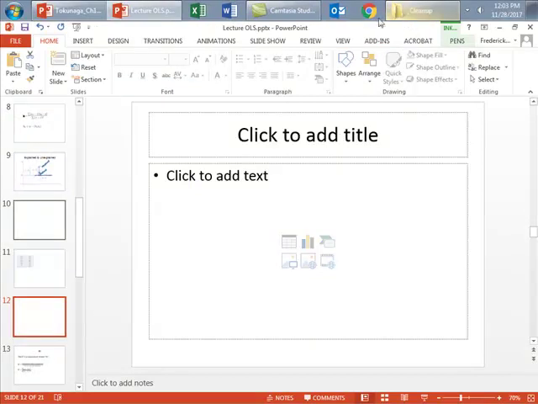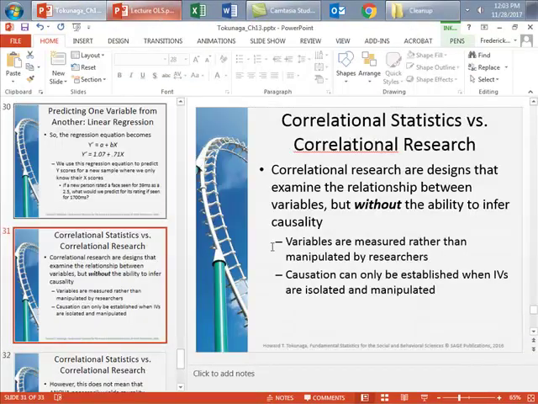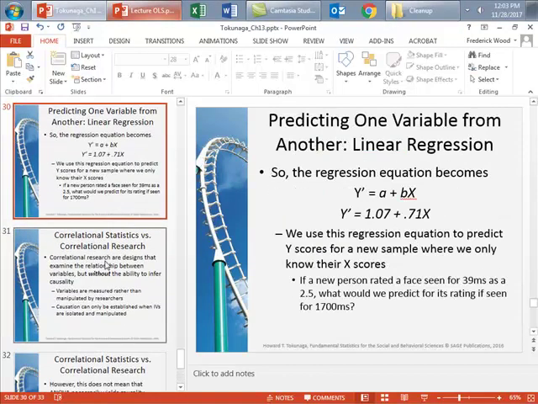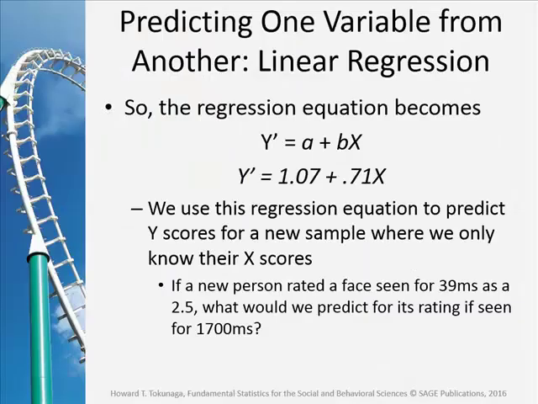Here's the problem, and this is why this is a good place to stop. You use this when you have two variables that are continuous. So my age is a continuous variable. My wife's age is a continuous variable. That's when you use this.